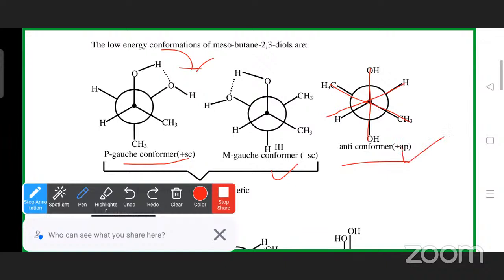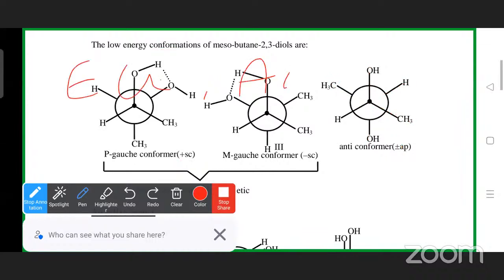And if you see the stability of these conformations: eclipsed, anti, and gauche. These are the conformations possible upon the rotation of the carbon-carbon single bond, in an acyclic compound, not in a cyclic compound, because in a cyclic compound rotation is not possible.